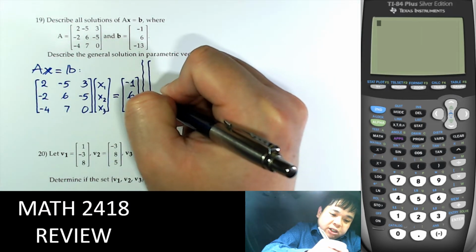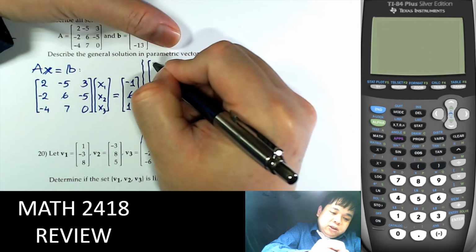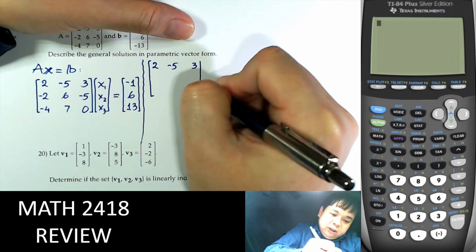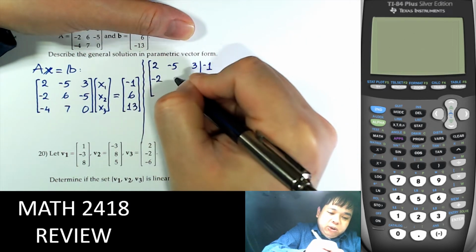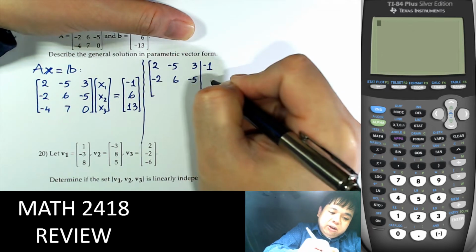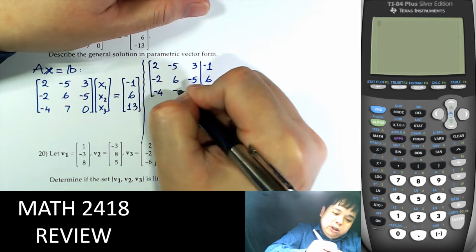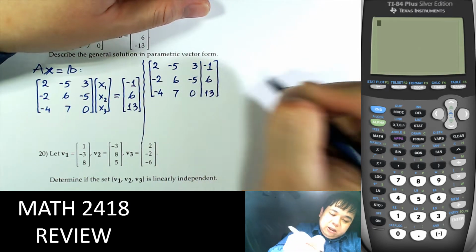we just write the augmented matrix for this system of equations: 2, -5 and 3, -1, -2, 6 and -5, 6, -4, 7 and 0, 13. Right.